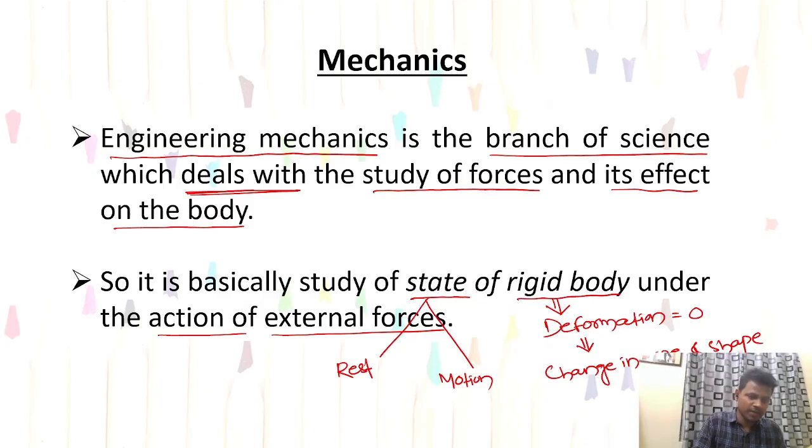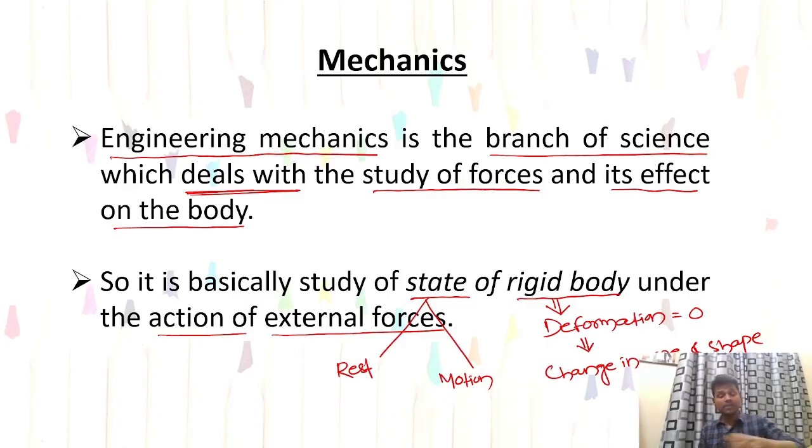Then I have to apply some forces. Then the body may move from one position to another position with some displacement, with some distance, with some velocity, with some acceleration. We just study about everything. That are the effects of the body. So if I conclude the mechanics, basically mechanics is the study of forces, but there are many types of forces.